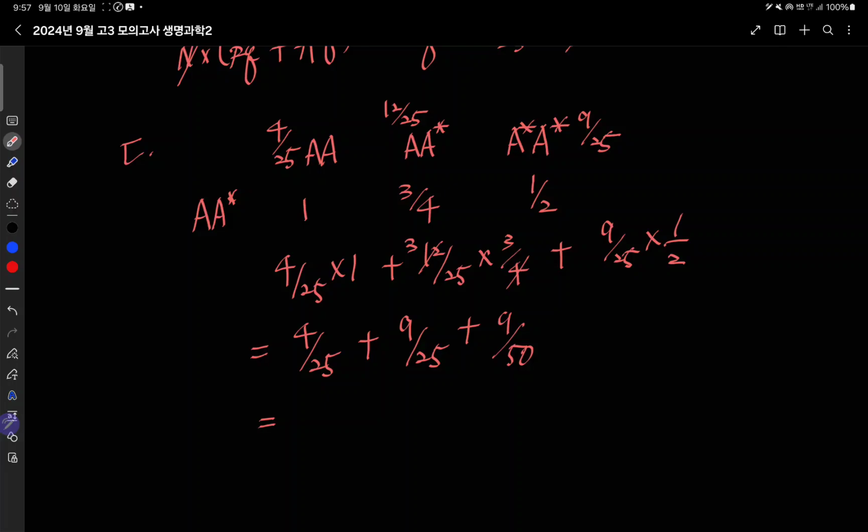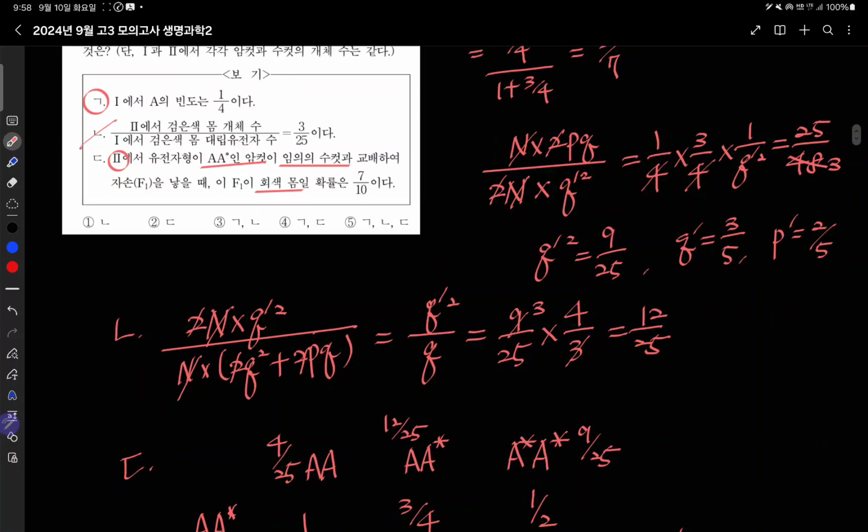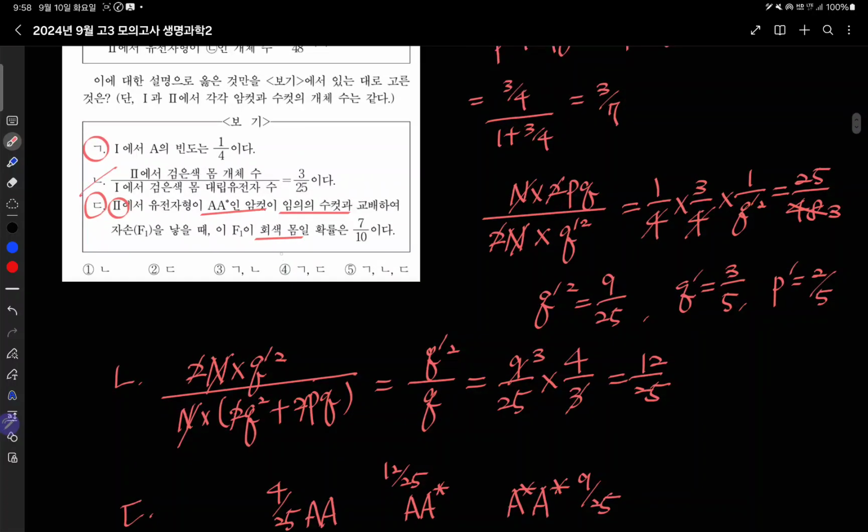So if we add the first two fractions, that's 13 over 25, which is 26 over 50, and adding 9 over 50, the sum is 35 over 50, which is equal to 7/10. So the third statement is true. So the right answer is the fourth choice.